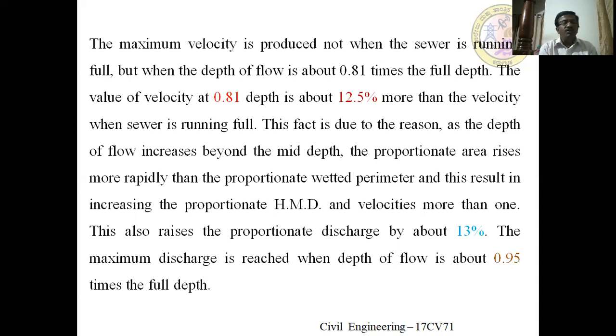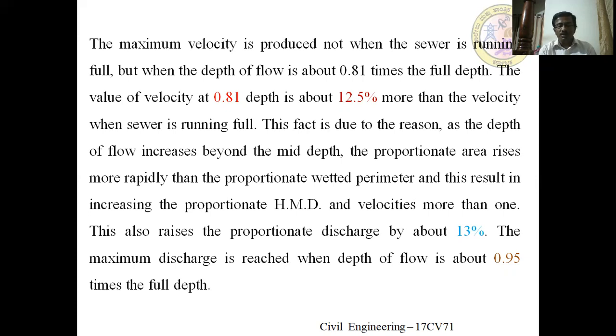The salient feature of the hydraulic element chart is that the maximum velocity is produced not when the sewer is running full, as I explained earlier, but when the depth of flow is about 0.81 times the full depth. Then the value of velocity is increased by 12.5% more than the velocity when running full.